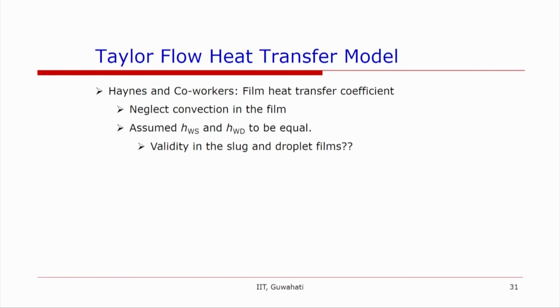As we have already discussed, we have assumed in this case that the wall heat transfer coefficient for the slug and droplet regime is the same, and we can consider only conduction. So, H_W is equal to K over delta film, where K is the thermal conductivity of the convective phase.